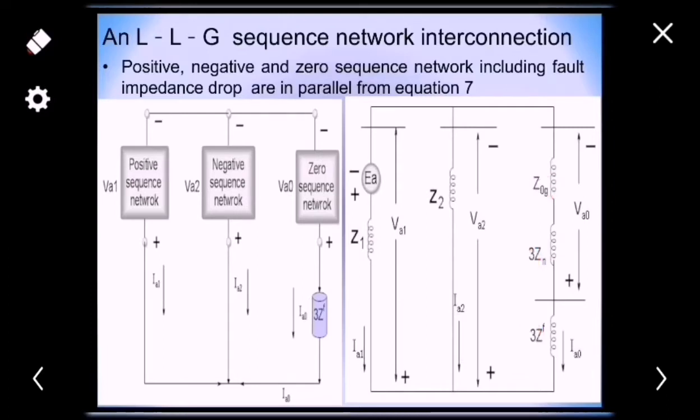Similarly, we can obtain IA0. IA0 is equal to minus IA1 into the fraction, which is the ratio of the opposite branch impedance to the total of both branches, and that's why IA0 is equal to minus IA1 into Z2 divided by Z2 plus Z0G plus 3Zn plus 3ZF.